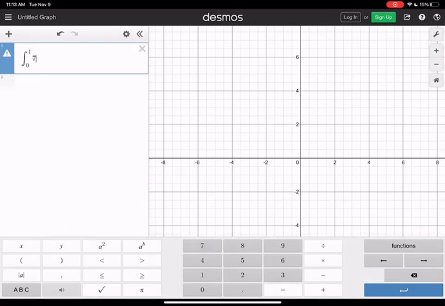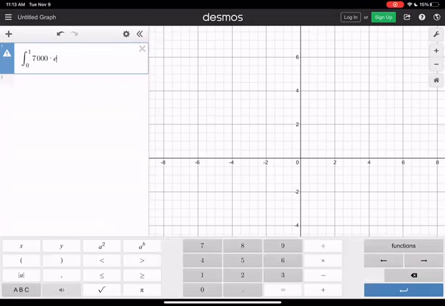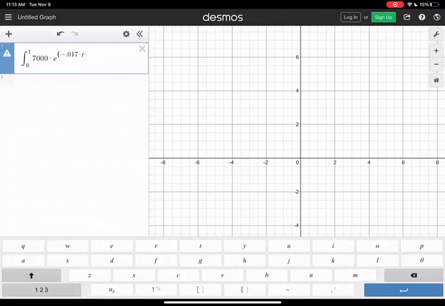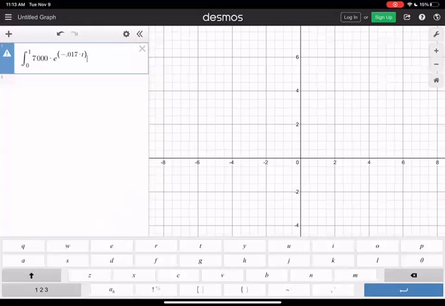Then we have our 7,000 times e to the power, and I'm going to use some parentheses so that everything is in that power: negative 0.017 times t, in parentheses there. And that's a dt. I go back to my letters, dt.